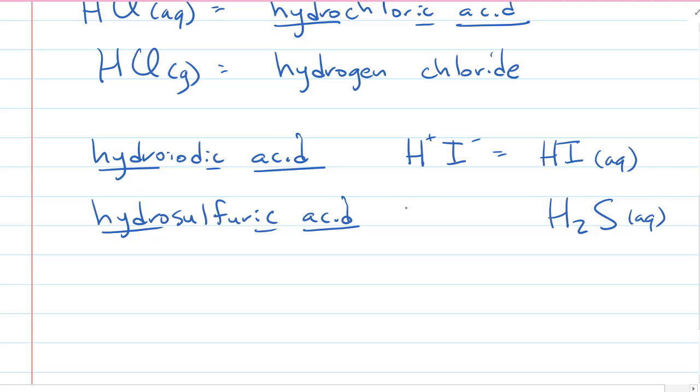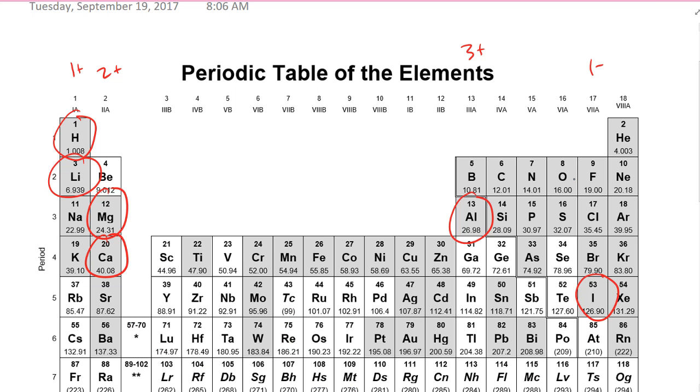If you want to make it technically correct, whether you include it or not doesn't matter, but that's because sulfur has a charge of 2 minus. 2 minus, right? Here, everything in this group has a 2 minus charge.